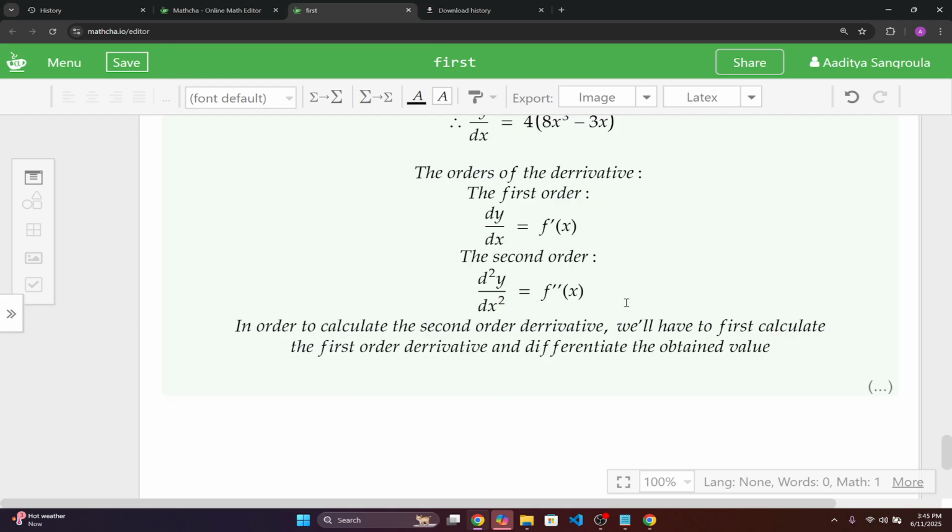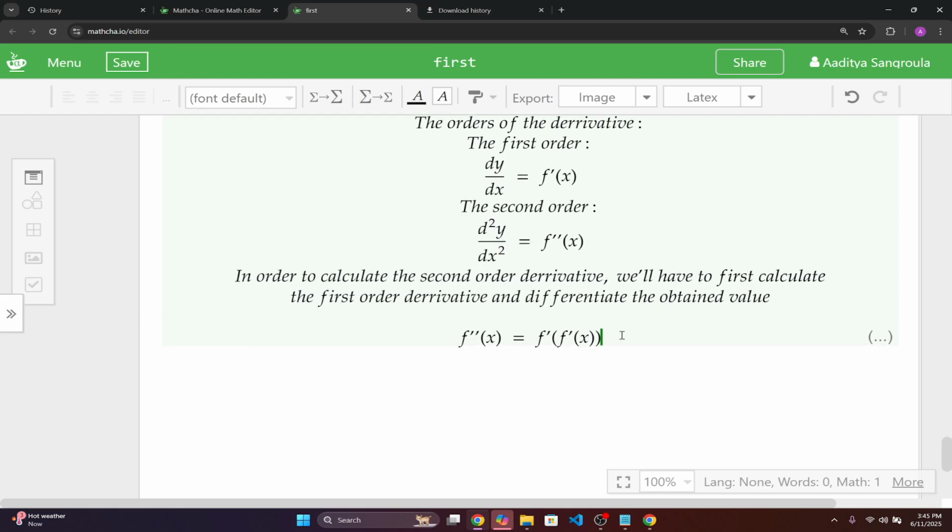For example, f double prime of x is the derivative of f prime of x. So this is the second order derivative. Right? So first calculating the first derivative.